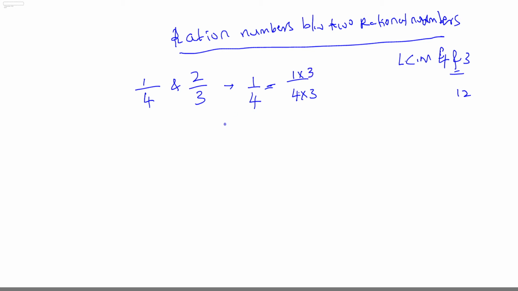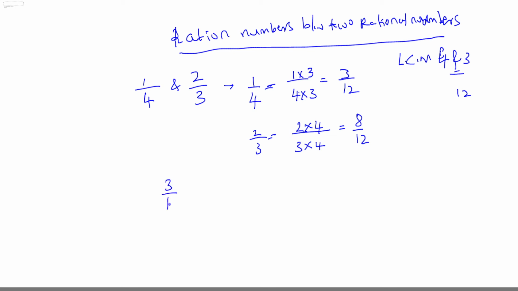This becomes 3 by 12. Similarly, 2 by 3: the numerator should be multiplied by 4, and that becomes 8 by 12.